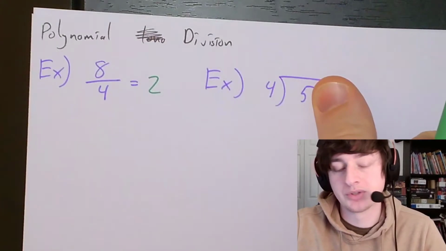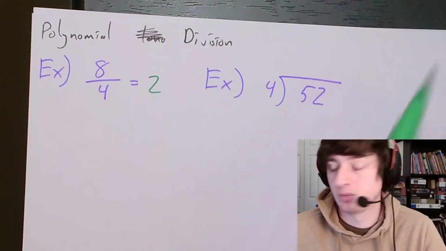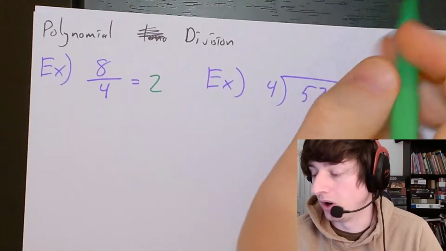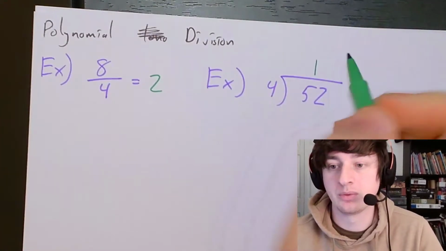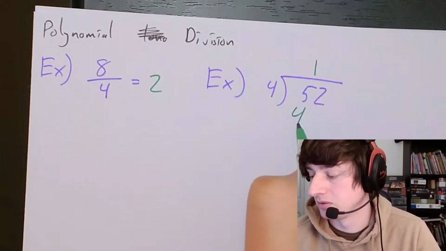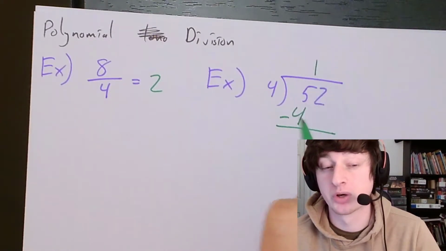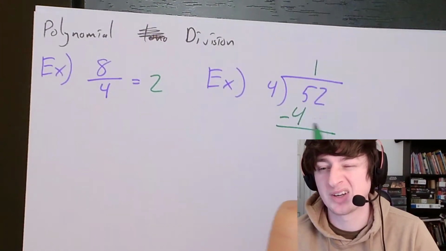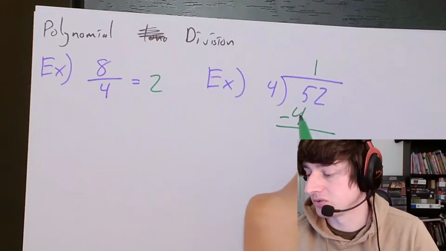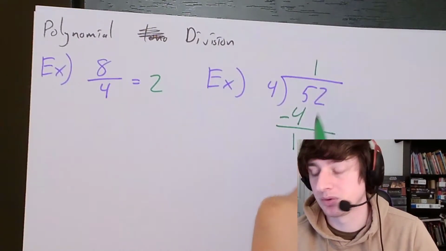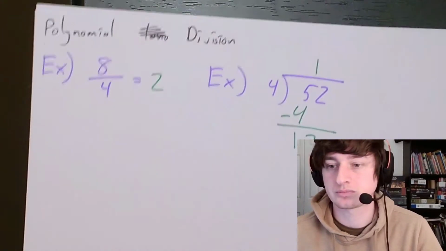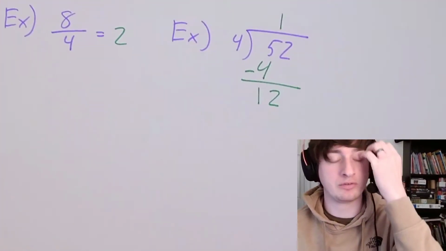How many 4s fit into 5? Well, 1. And then we multiply the 4 times the 1, and we subtract. We're really subtracting 40 from 52, but we don't write the 0 here. And so we subtract, we get 1 left, and then we bring the 2 down, and then we have 12.